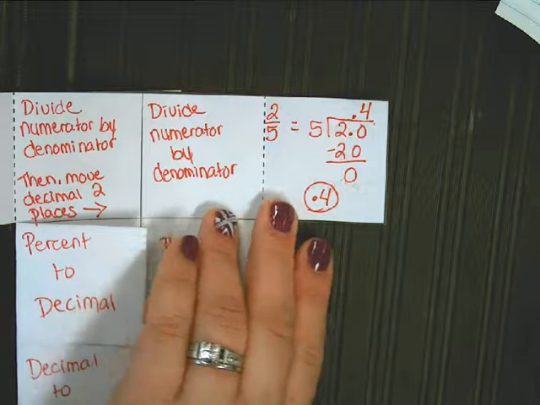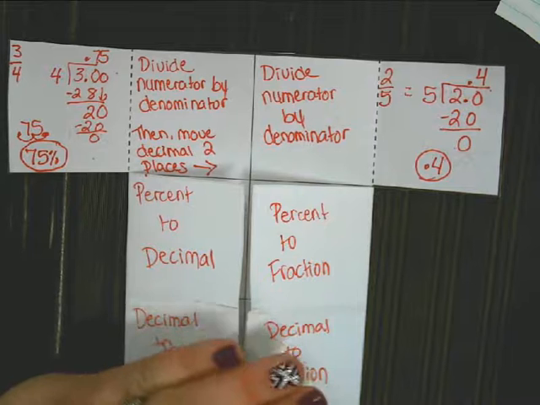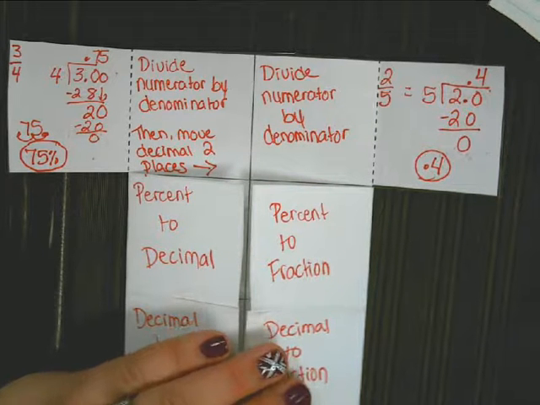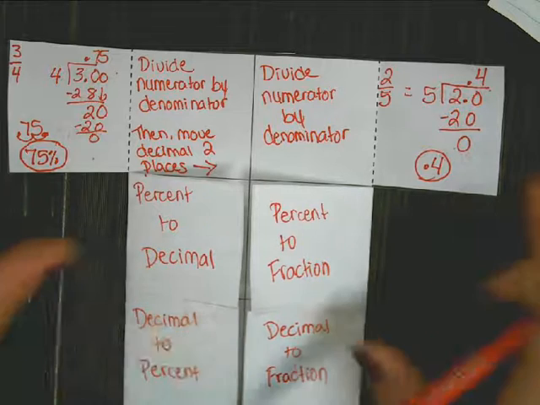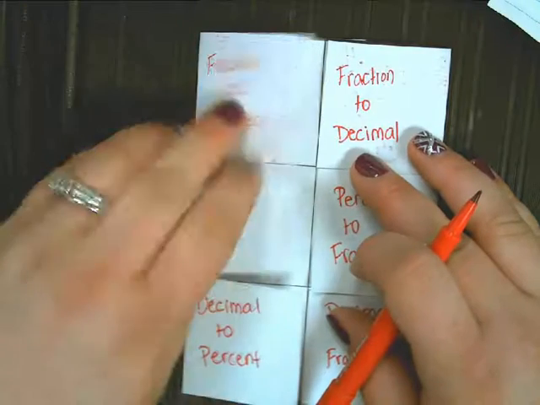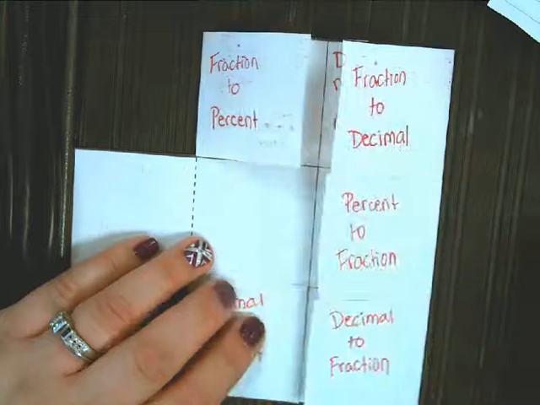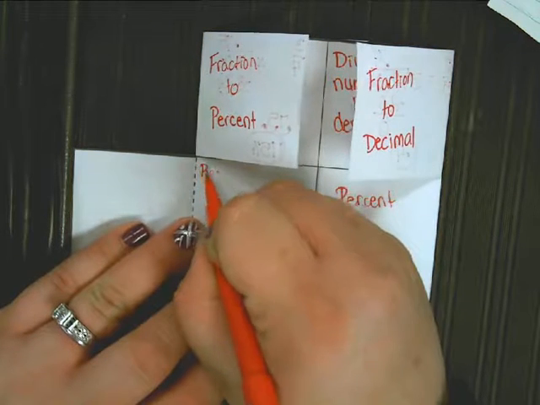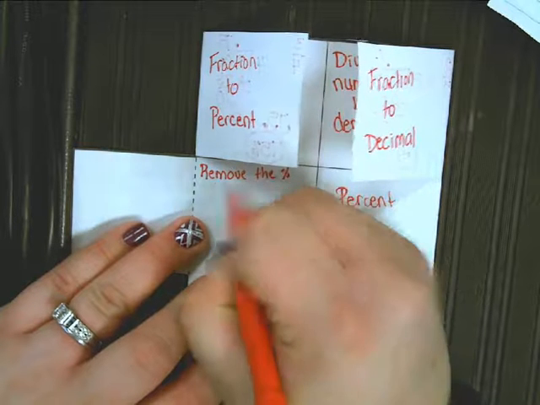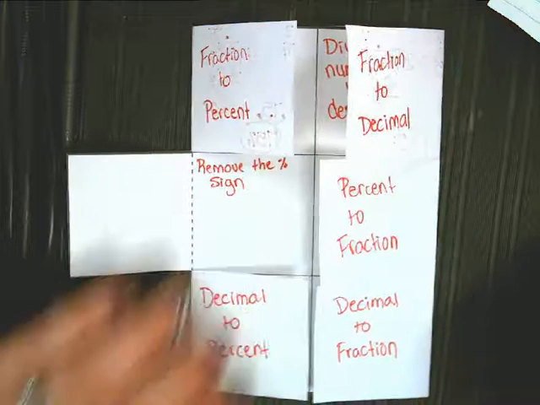Hey, questions on if given a fraction, how to change it to a decimal or a percent? Alright, now let's look at the next one. Percent to decimal. So first thing you're going to do is remove the percent sign. If you're going percent to decimal, you got to remove the percent sign.